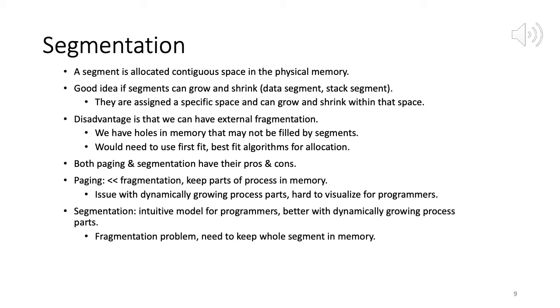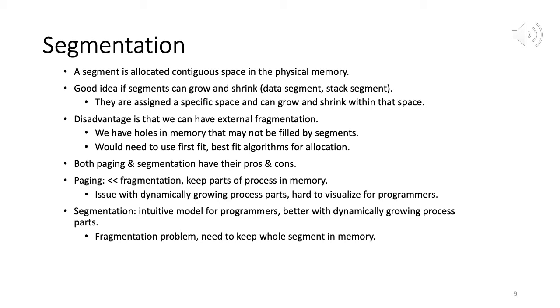Of course, the problem is now we run into a similar problem that we encountered in contiguous memory allocation, because your segments can be of different sizes. So your fragmentation problem again comes back, and you need to use first fit, best fit. Again, that's why I said there's no clear answer as to which is better.